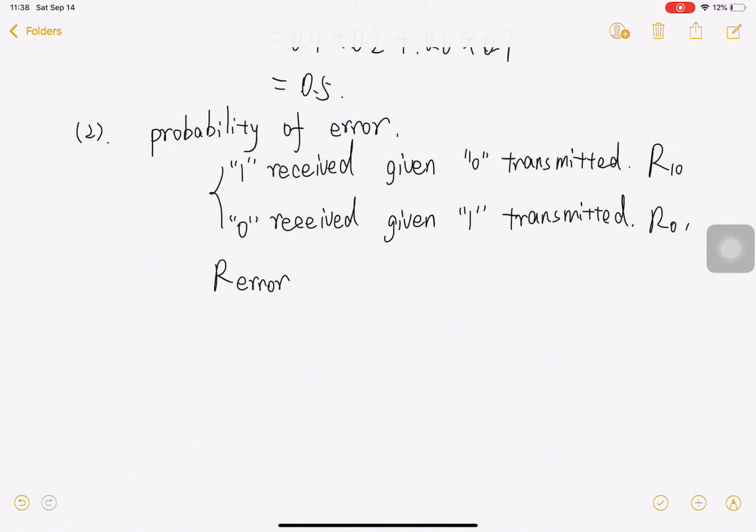So the probability we want is the sum of these two events. So actually we can get the probability of error equals the probability of R10 plus the probability of R01.